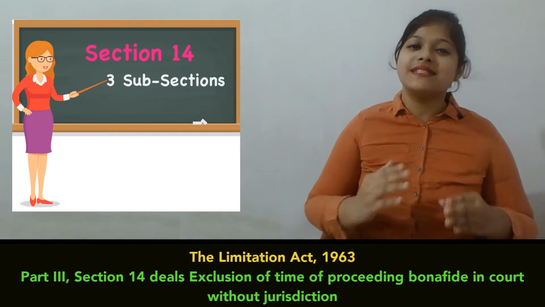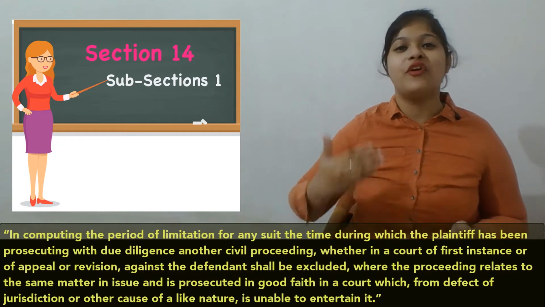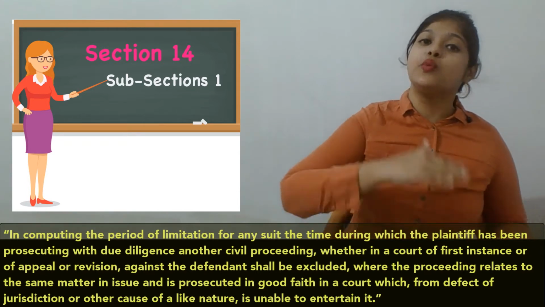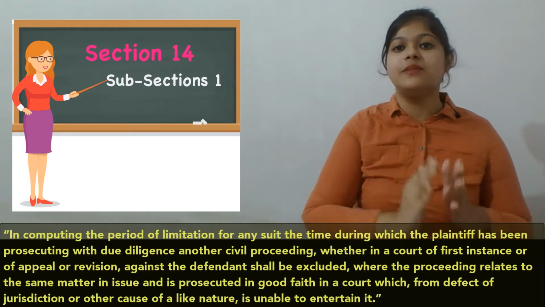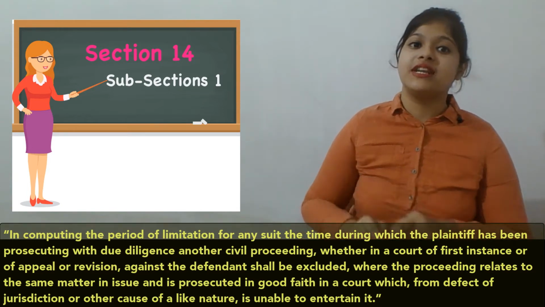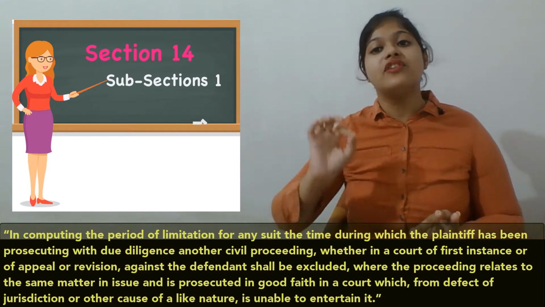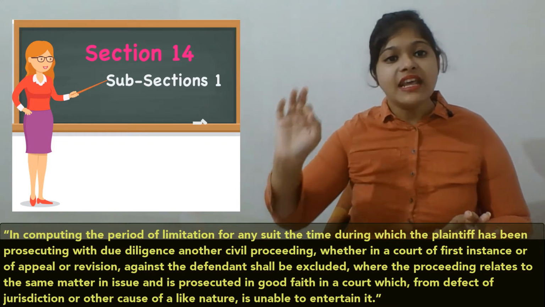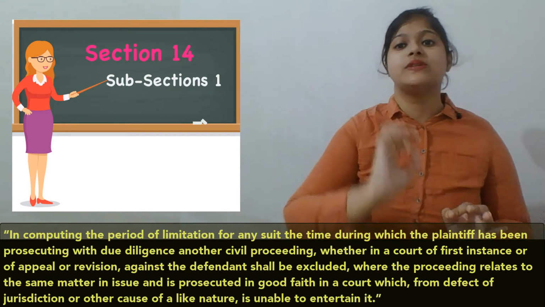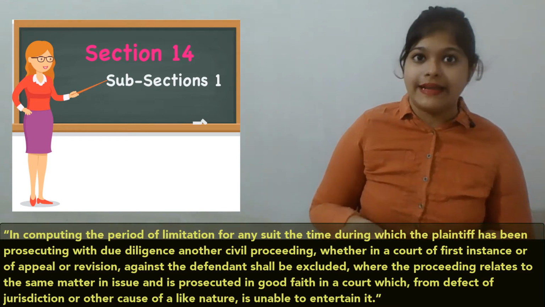Section 14, subsection 1 lays down that in computing the period of limitation for any suit, the time during which the plaintiff has been prosecuting with due diligence another civil proceeding, whether in a court of first instance or appeal or revision against the defendant, shall be excluded, where the proceeding relates to the same matter in issue and is prosecuted in good faith in a court which, from defect of jurisdiction or any other cause of like nature, is unable to entertain it.